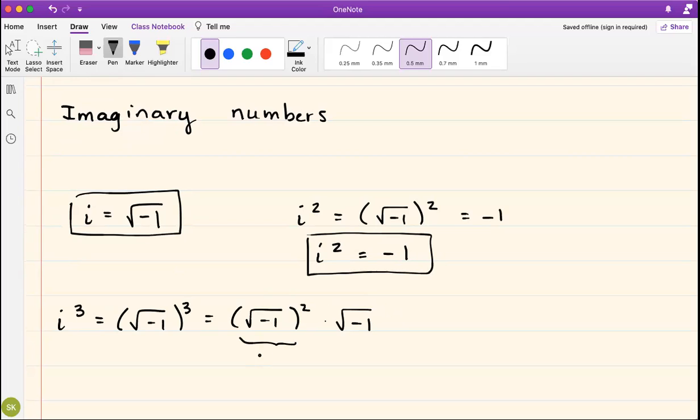And this is -1, as we just saw, because this is i squared. And this is just i. So that tells me i cubed is equal to -i.